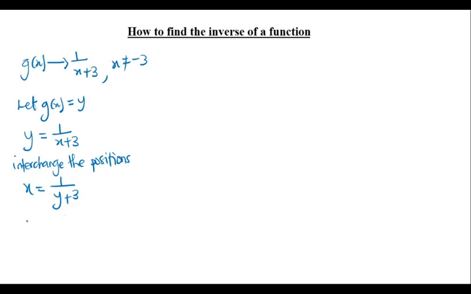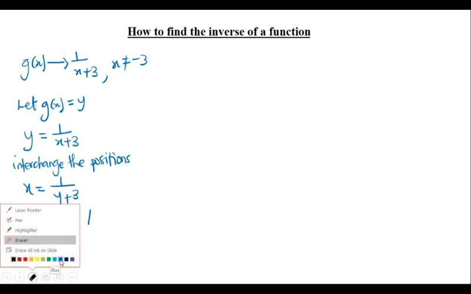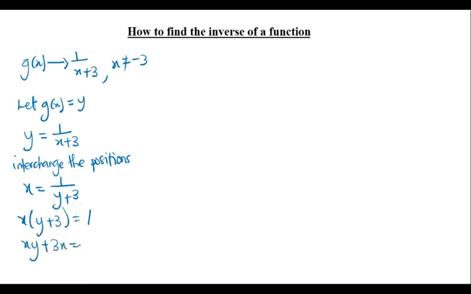So we cross multiply over here. We have x into bracket y plus 3 is equal to 1. We expand the bracket, xy plus x times 3 is 3x. So this is 3x is equal to 1.